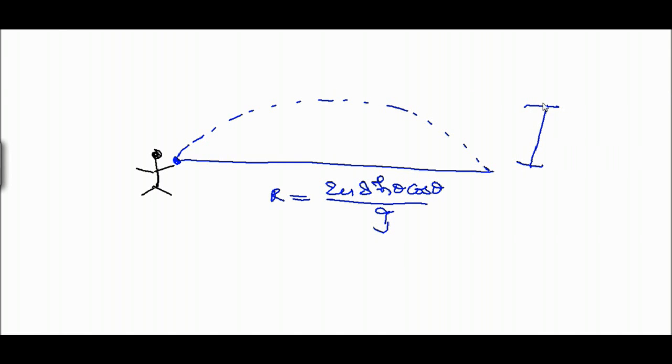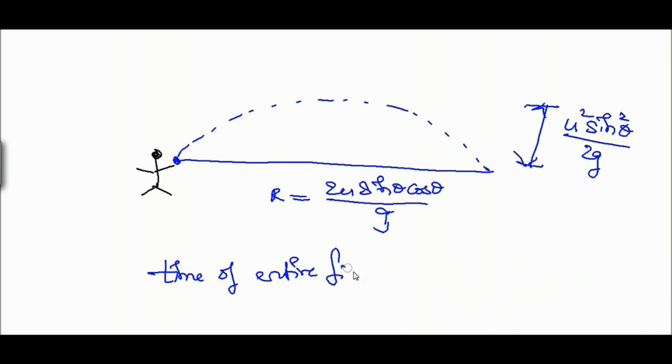The height reached by the particle is u² sin² theta by 2g, and the time of the entire flight is 2u sin theta by g. So this ends the discussion on trajectories right here.